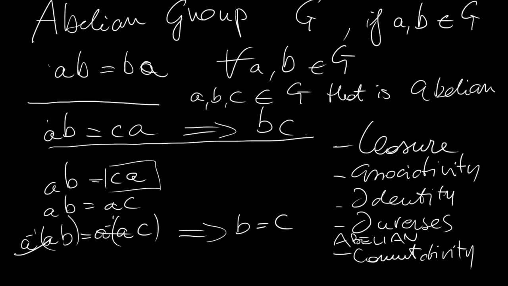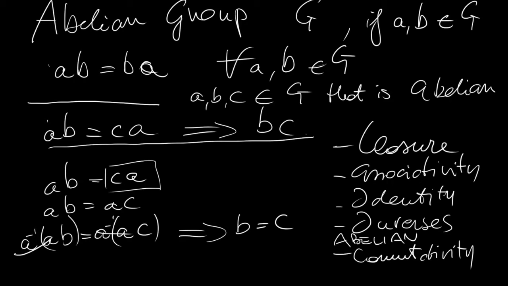So remember that if a group is abelian, then it is specified. If it's not specified, then do not assume that it is abelian, so do not assume commutativity, do not commute elements.